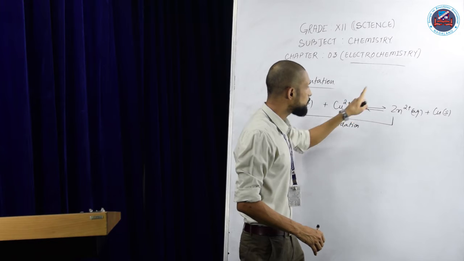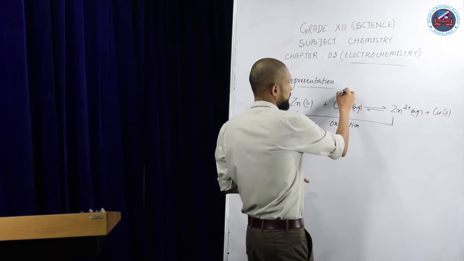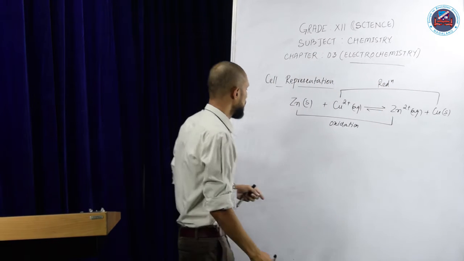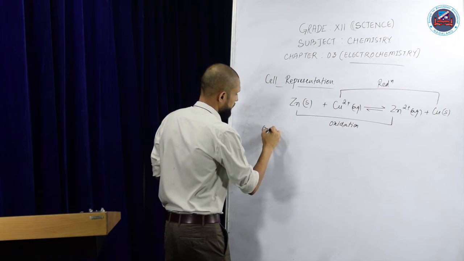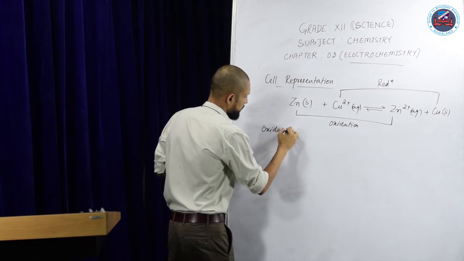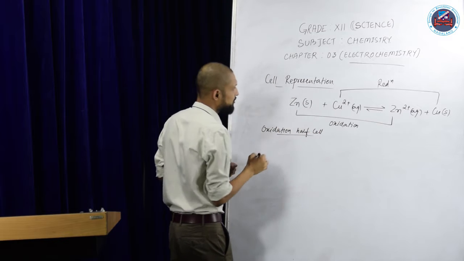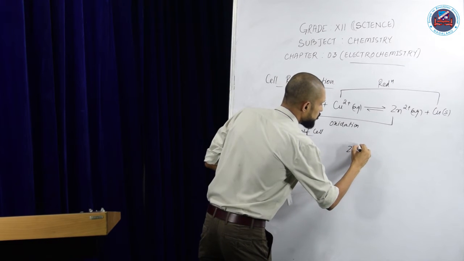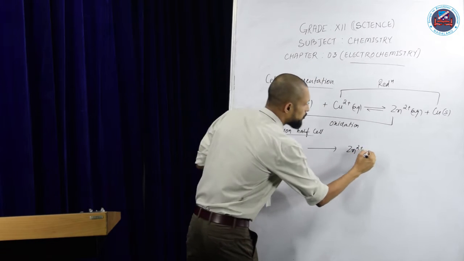So 2 positive to 0, the oxidation number decreases, it means it's reduction. So the oxidation half cell or anode half cell reaction is zinc to zinc 2 positive. To balance this, we'll add 2 electrons here.